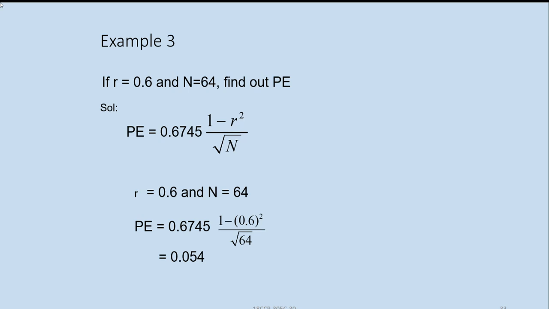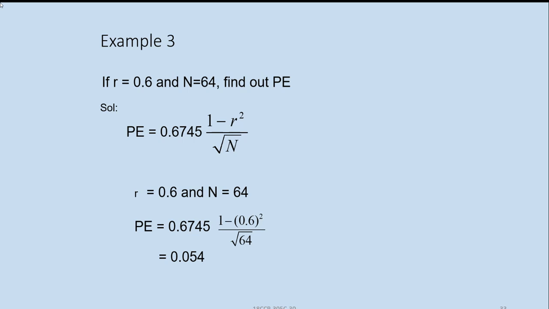PE is 0.054 and correlation is 0.6. If you remember the conditions from the previous slide, the second condition is 6 times probable error, 6 into 0.054.